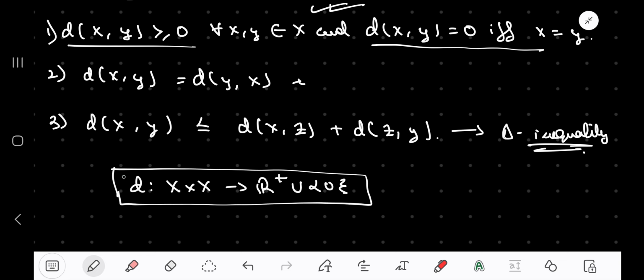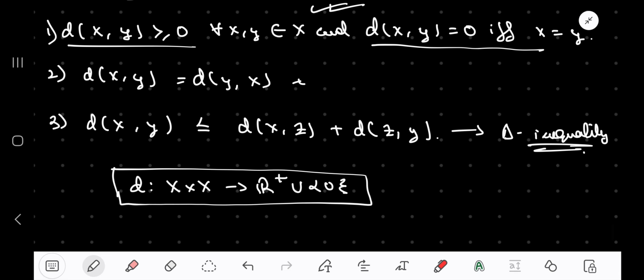If I have a non-empty set with a metric defined on it, then we call it a metric space. That's the usual definition, and you can study a detailed course on metric spaces; there are multiple reference books available.